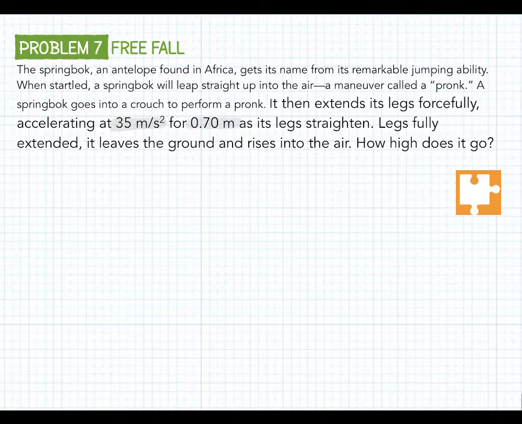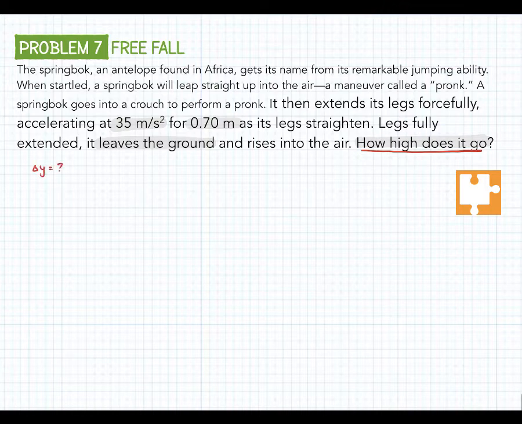That's phase one. And then legs fully extended, it leaves the ground, right? So this is 0 and rises into the air, and we want to know how high it goes. Okay, so the question we're answering is how high does it go? But what does that actually mean? Well, the way that we write that in symbols, that's probably going to be delta y.